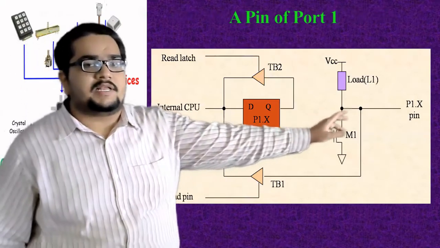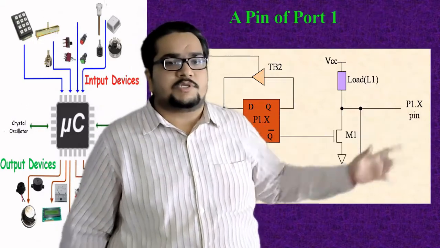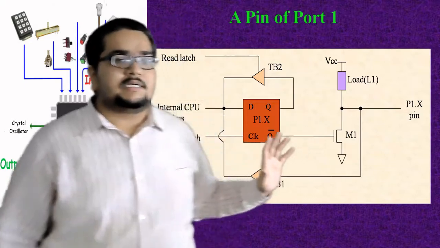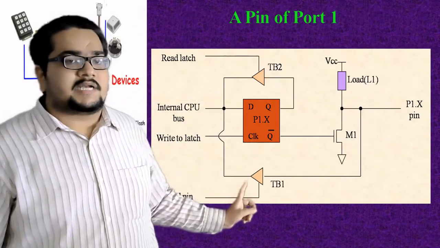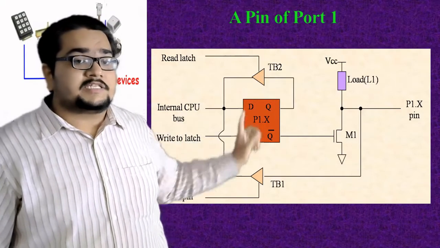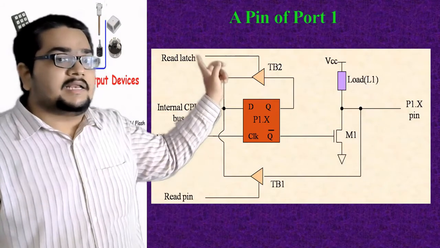Specifically, suppose we talk about port 1, where pin X could be 0, 1, 2, 3, 4, 5, 6, 7, anything. Now, how it is connected: there will be a D latch like this, tri-state buffer TB1, and tri-state buffer TB2. These tri-state buffers are individually driven by the read pin and read latch.